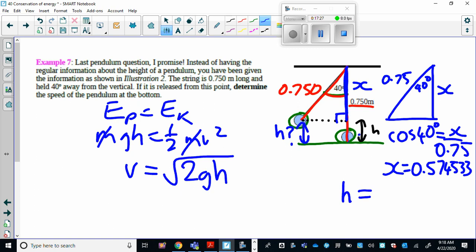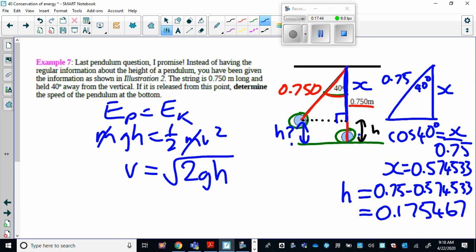So we subtract those two values, we end up getting h equals 0.175467, just to be very precise. In other words, 17 centimeters, or 0.17 meters.